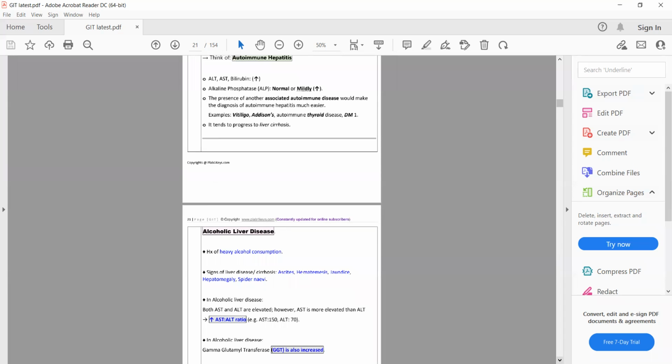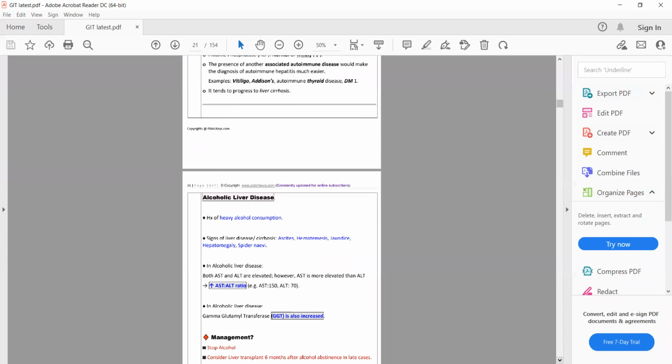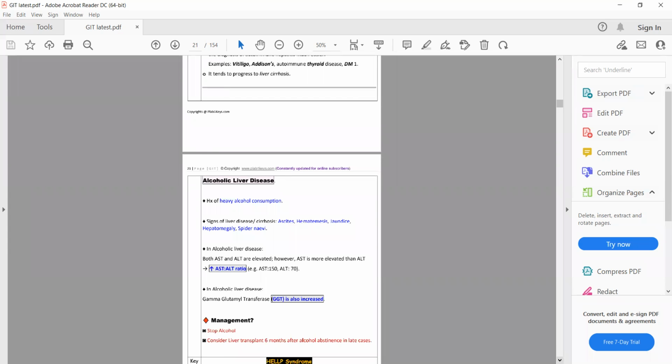One other enzymatic marker which is raised in hepatitis or in liver disease is gamma glutamyl transferase. GGT is also increased in liver disease. ALT, AST, and GGT, all three of them are raised in liver disease. Autoimmune hepatitis or alcoholic liver disease, both of them can cause liver cirrhosis, and liver cirrhosis will manifest as ascites, hematemesis, jaundice, and spider nevi.